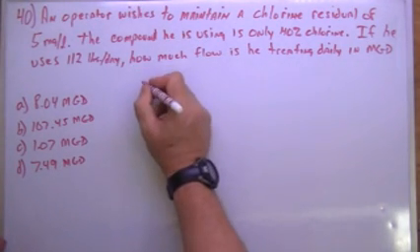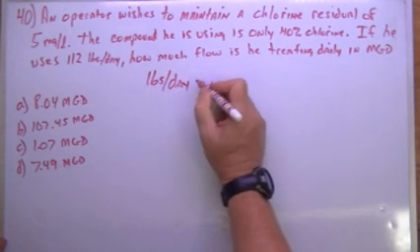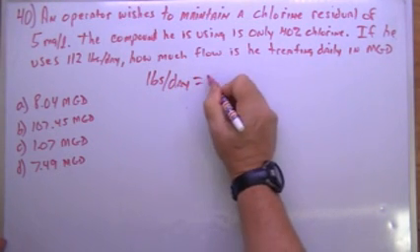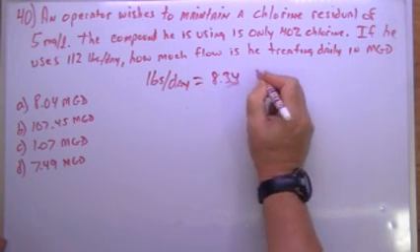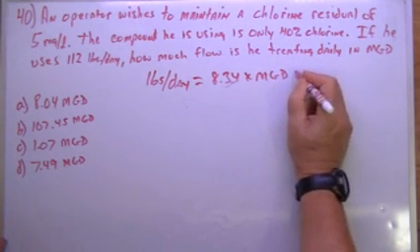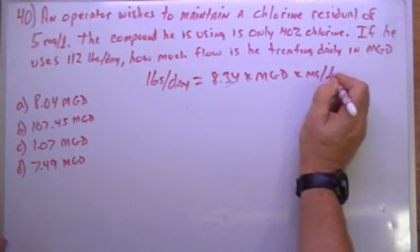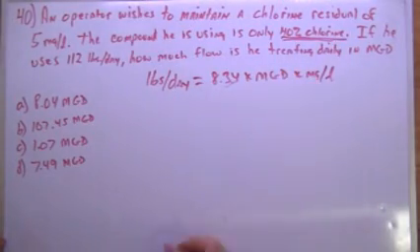But here's the formula. Same formula: pounds per day is 8.34 times MGD times milligrams per liter. And we also want to make sure we remember that 40% is there.